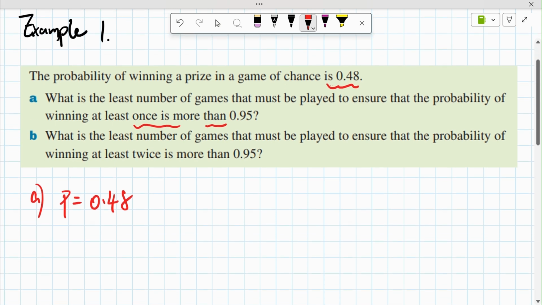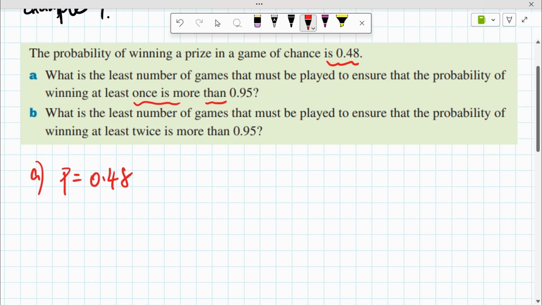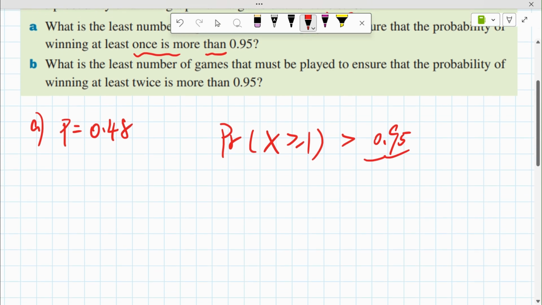Now, at least one or more than, which is the probability of x greater than or equal to 1 is greater than 0.95. So we can say 1 minus the probability of x equal to 0 is greater than 0.95.